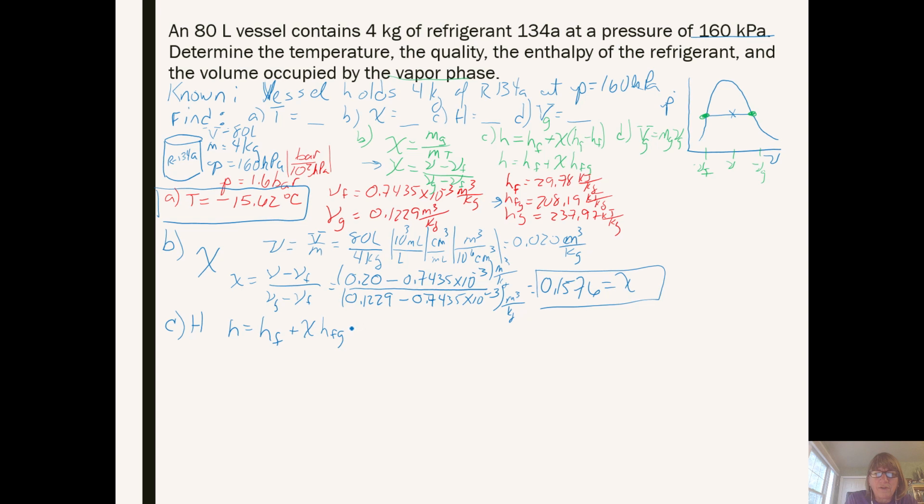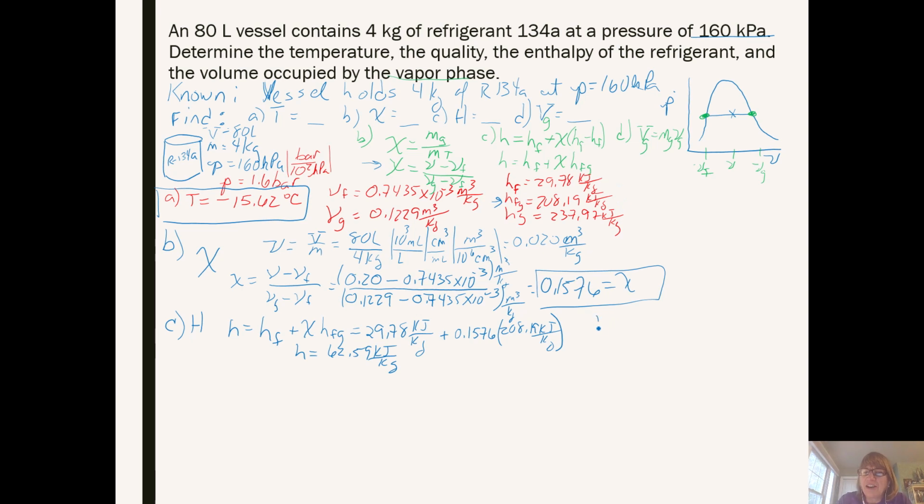And so our values here are, and when we multiply that together and do that addition, we find our enthalpy is 62.59 kilojoules per kilogram. And to double check, your answer must be in between the saturated liquid and the saturated vapor. And it falls in between there, so I'm pretty confident about that.